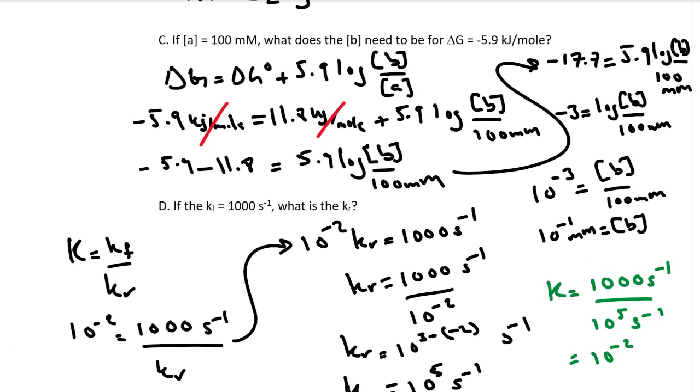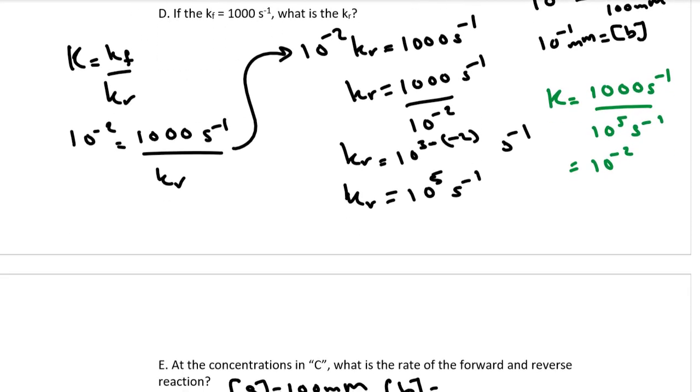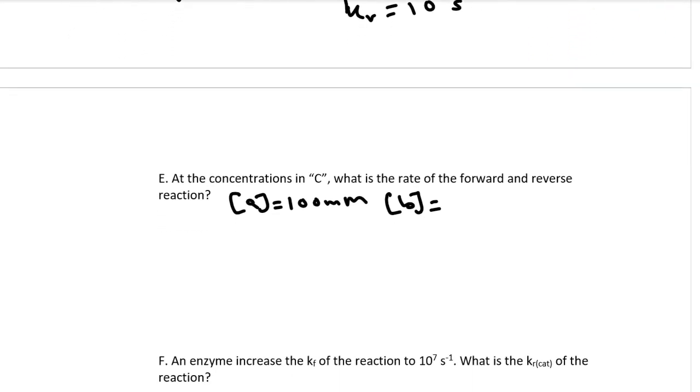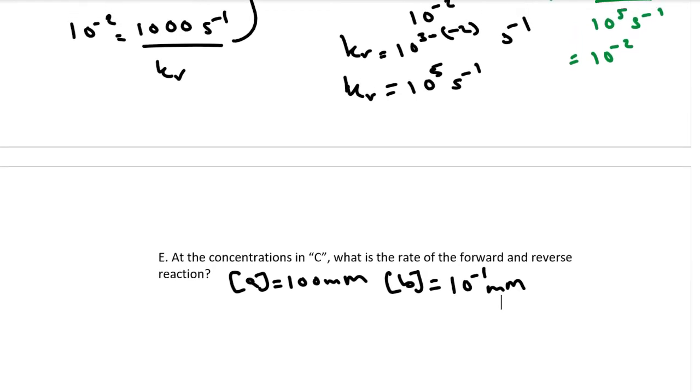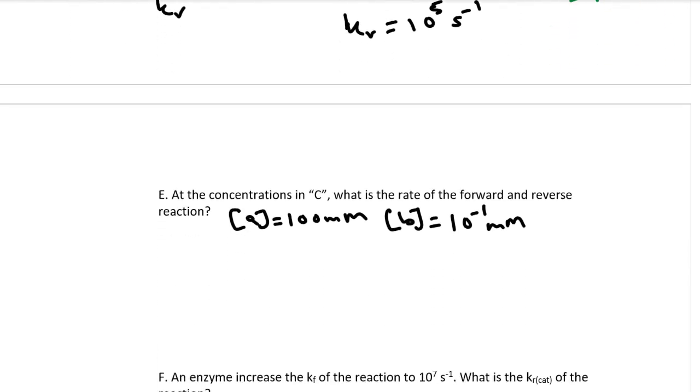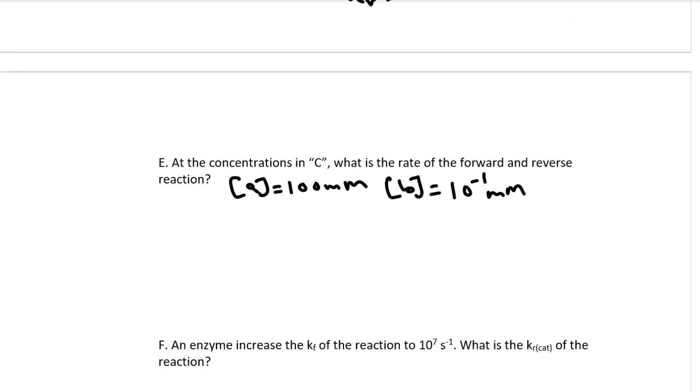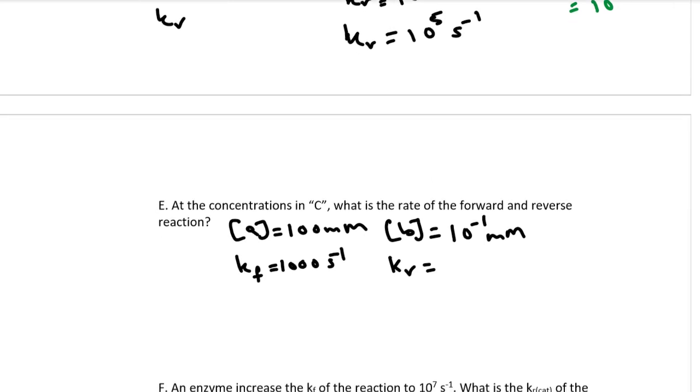B equals 10 to the minus 1 millimolarity. Okay, so Kr and Kf are important for us, so let's just make sure we have those numbers down too. Kf is 1,000 per second. And Kr equals 10 to the 5 per second.